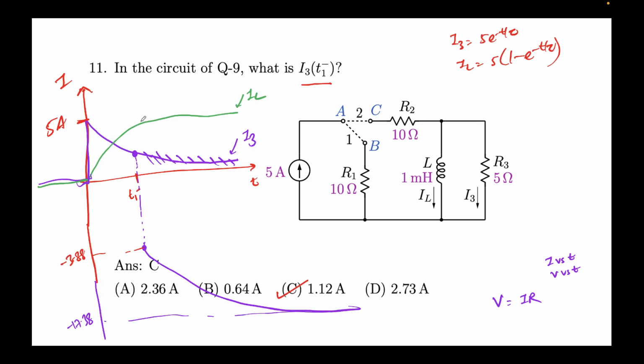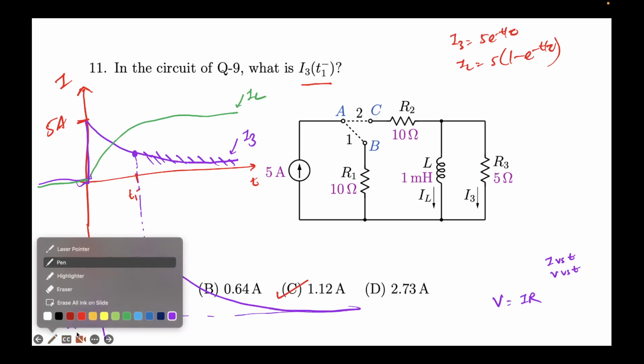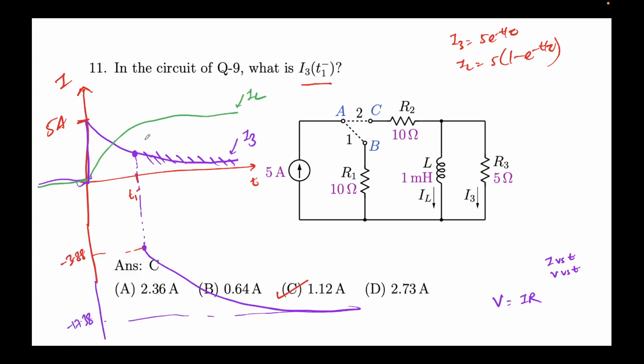And if I draw the green line, it will not behave like this because the switch position has changed. It will keep on increasing and eventually go to zero. So that's how it will look.